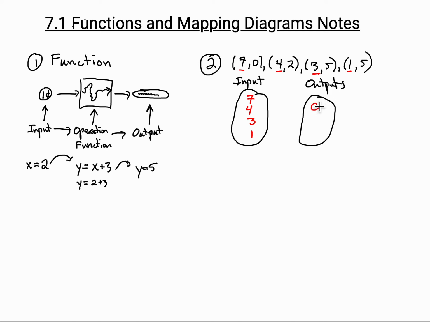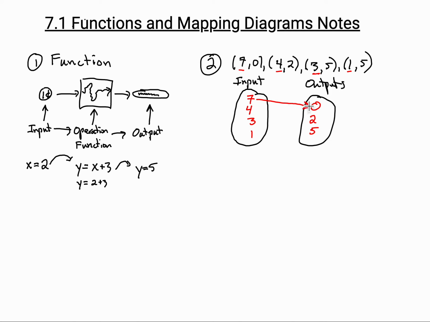When we put them in, though, we only put in a 0, 2, and a 5, because the outputs are just the numbers that we have. Even though it's 5 twice up here because it's in a coordinate pair, in our group we only need to have 1, because the 7 maps to 0.